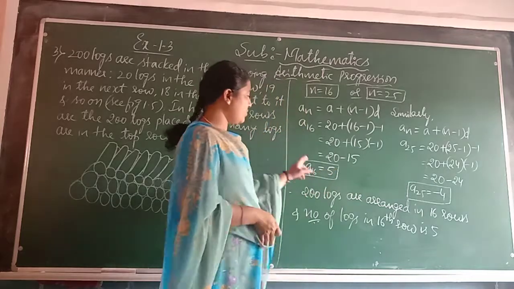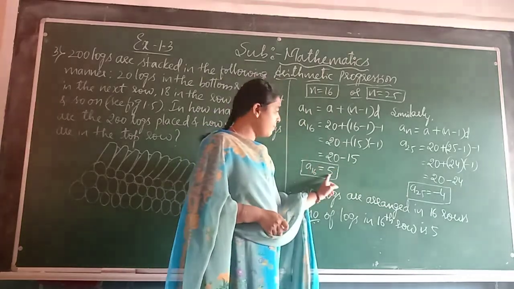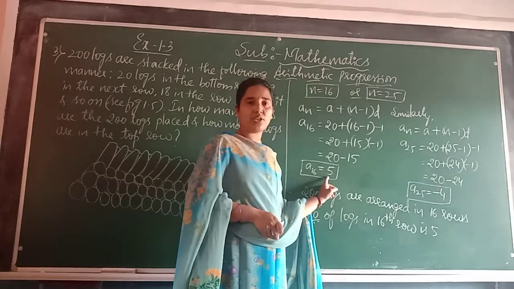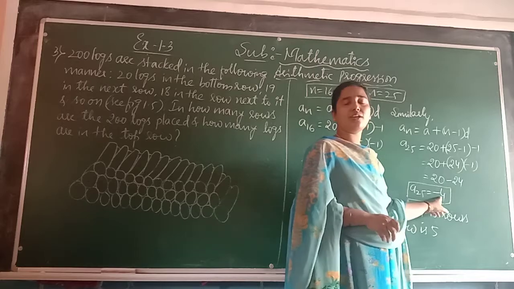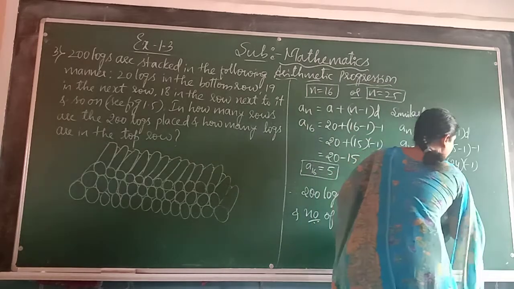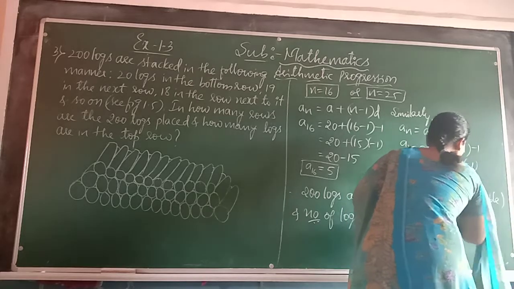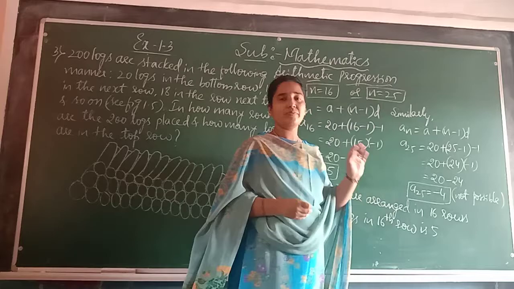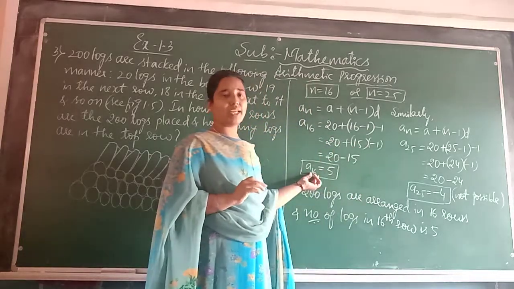Because why I took 16th row means because in 16th row the number of logs we got positive, but in 25th row we got a negative. It is not possible. That's why we took 16th row only.